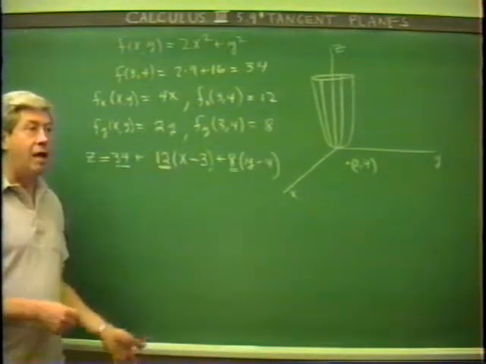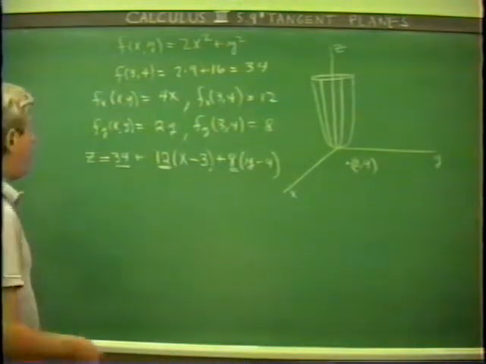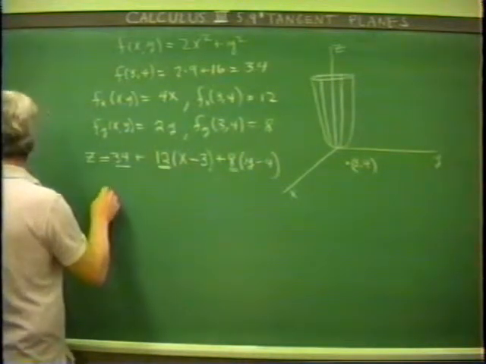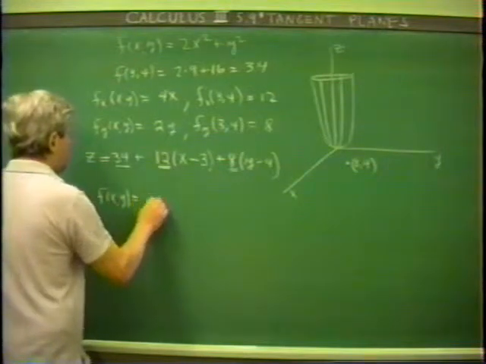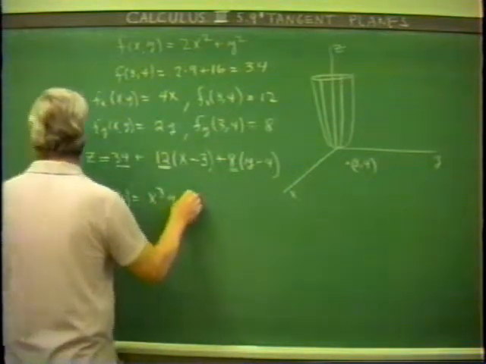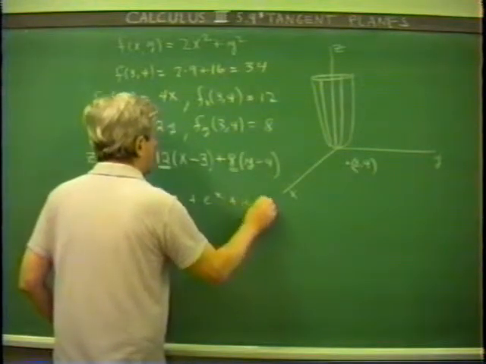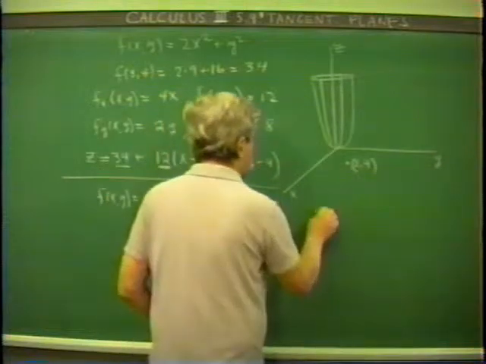All right. Let's take a look at one that's not so easy to graph, but it really doesn't matter. That's to say, at this point you can do just about anything, providing you know your basic calculus 1 methods for taking derivatives. So let's let f of x and y be equal to x cubed y plus e to the x plus sine y.